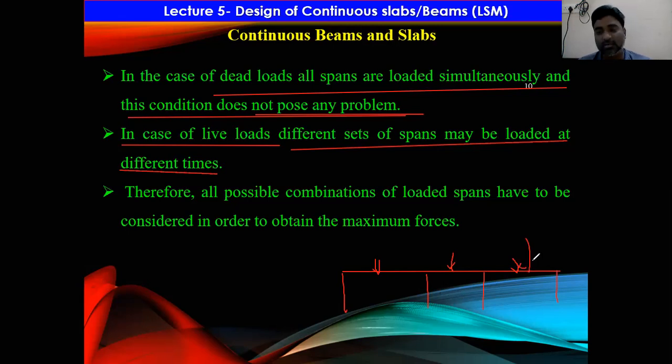And then live load and dead load here and only dead loads here. That is another combination. These are the different types of combination. So to determine the maximum shear force and bending moment, you need to try all these possible cases, right? All possible combinations of loaded spans have to be considered in order to obtain the maximum forces.